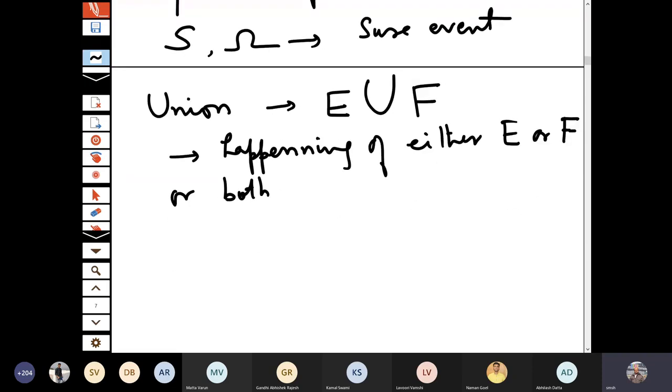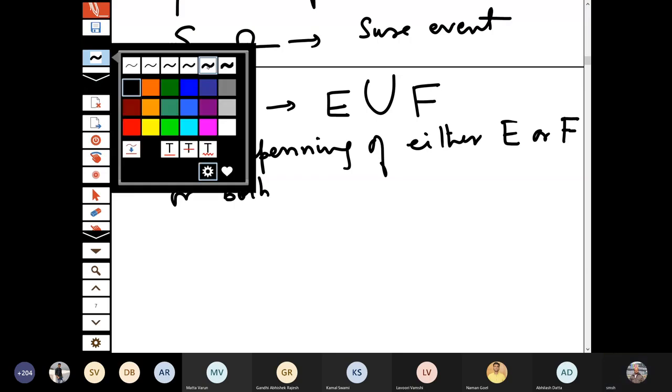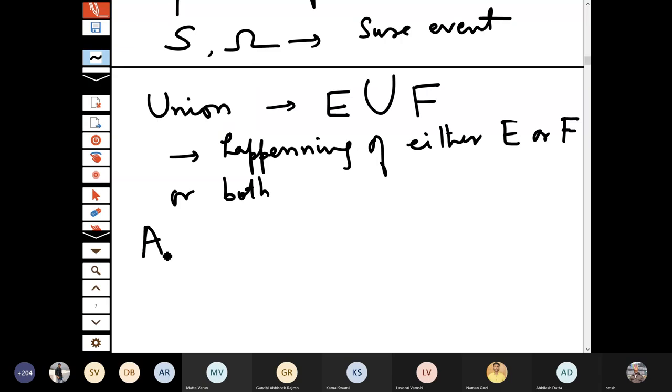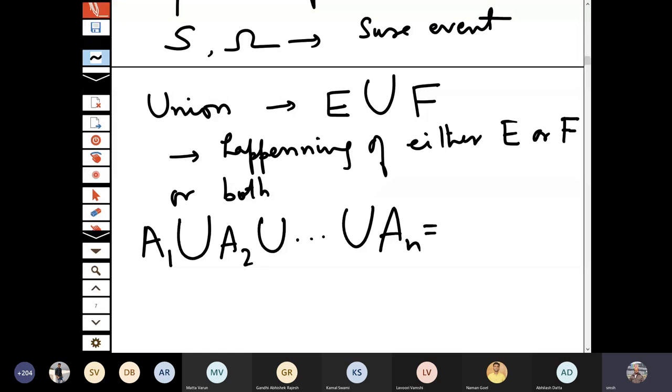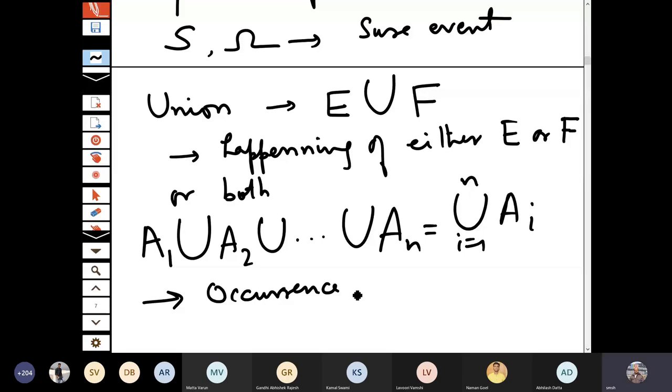In place of one, we can have union of several. For example, A1 union A2 union up to An, which we can write as union of Ai, i equal to 1 to n. This means occurrence of at least one Ai.